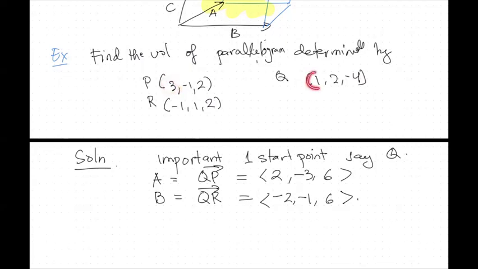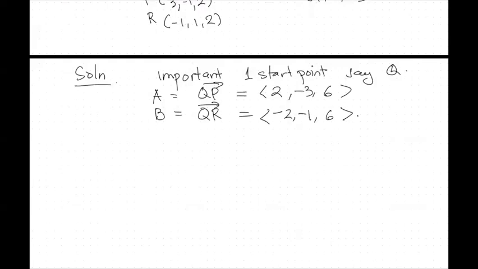Okay, let's continue. So here we have two vectors, and we know that the area is equal to the magnitude of this.